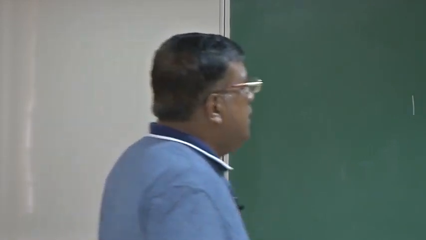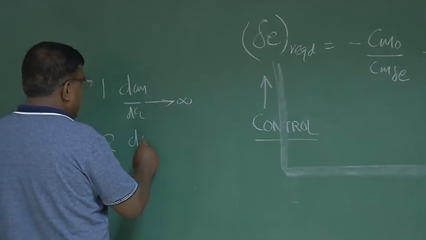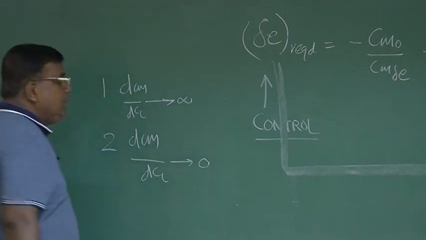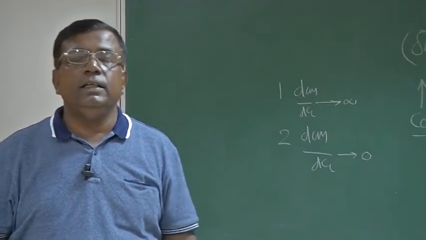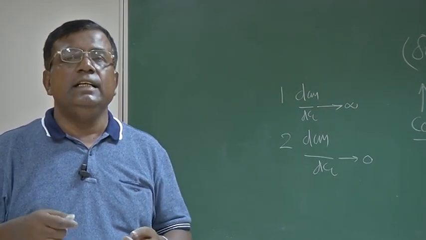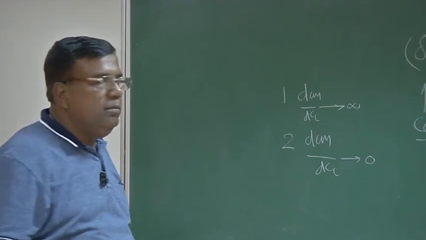Similarly, in the reverse way, if dCm by dCL goes to 0, it means it is neutrally stable. That is, xcg is just on the neutral point of the airplane, so it doesn't have any restoring moment.